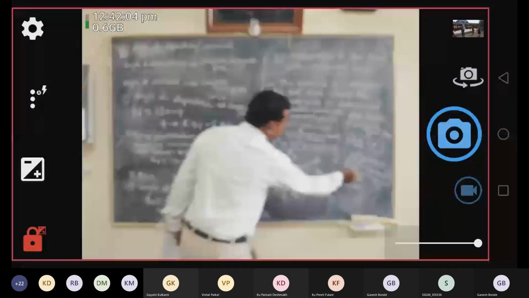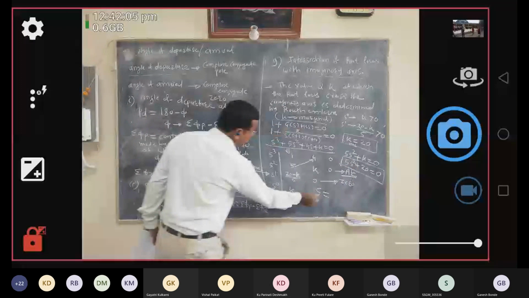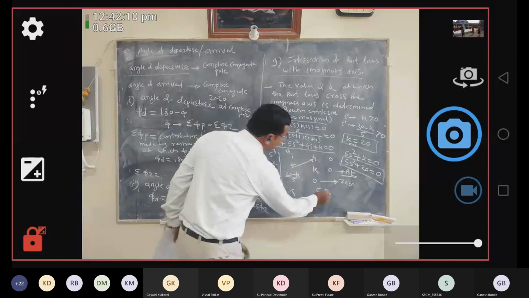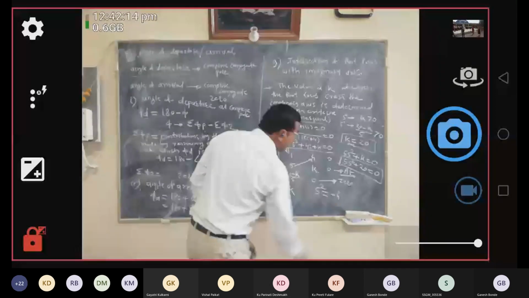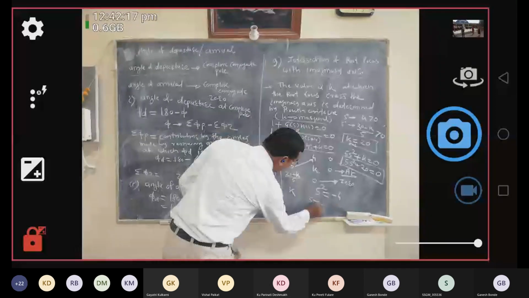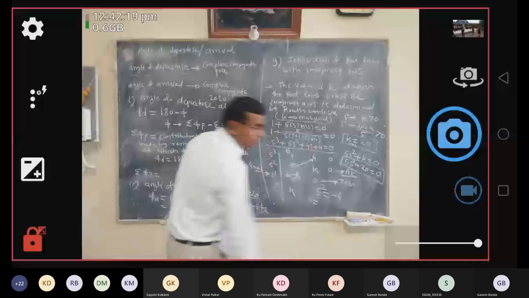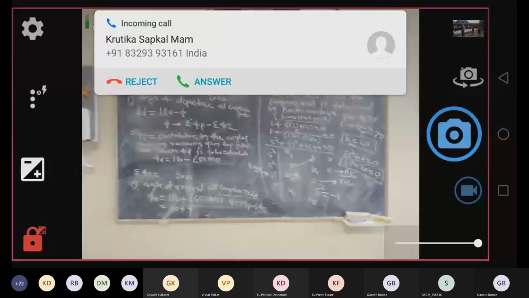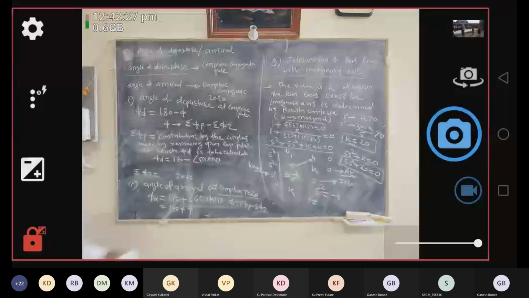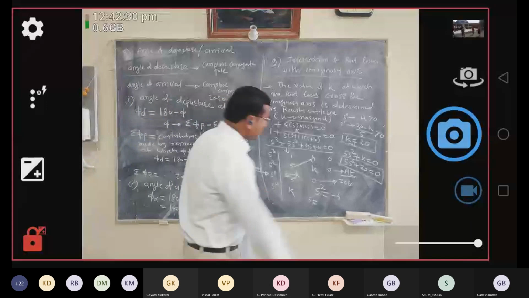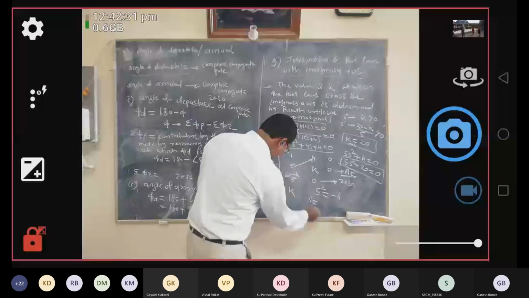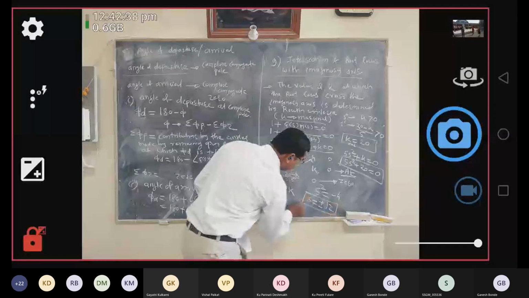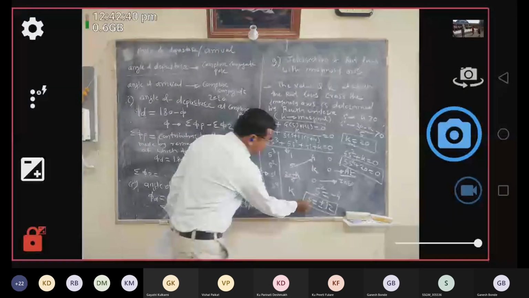So you will get s square is equal to -4, so s is equal to plus minus j2.